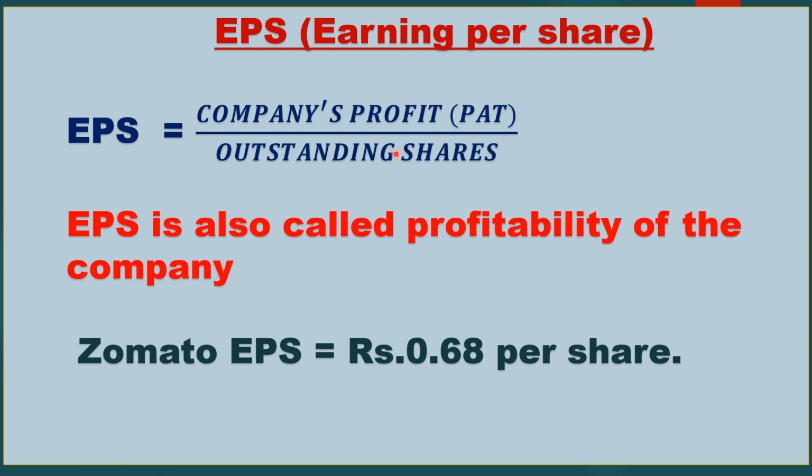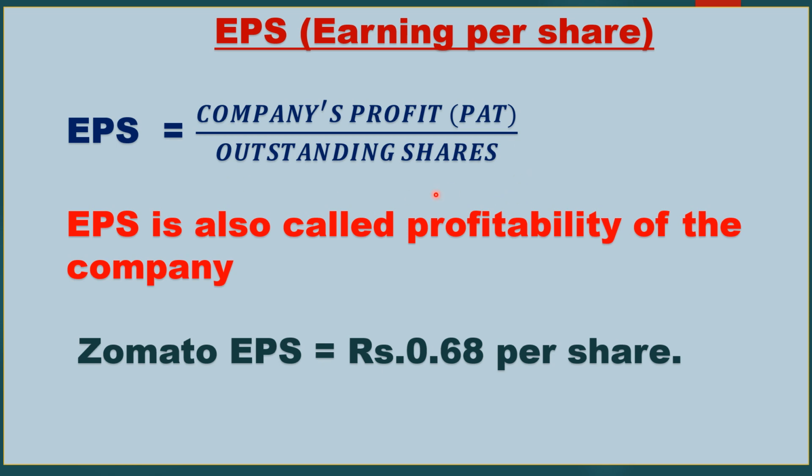It is the ratio of the company's profit to the outstanding shares. Now, what is the company's profit? It is how much the company has earned as profit after tax, after expenditure, everything. This is the company's profit. Now, what are outstanding shares?